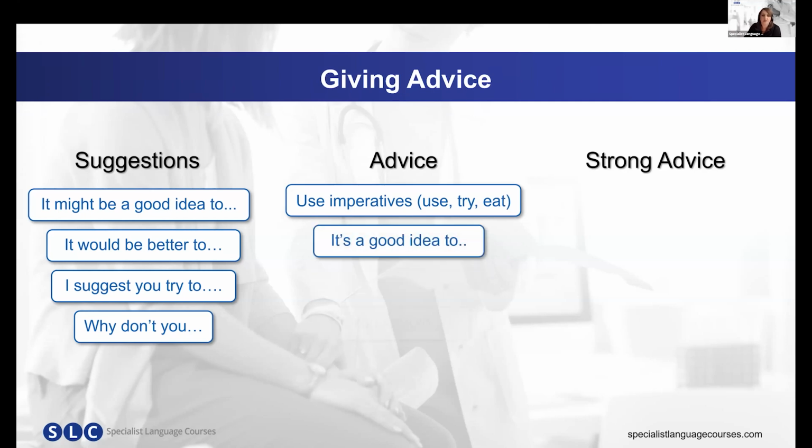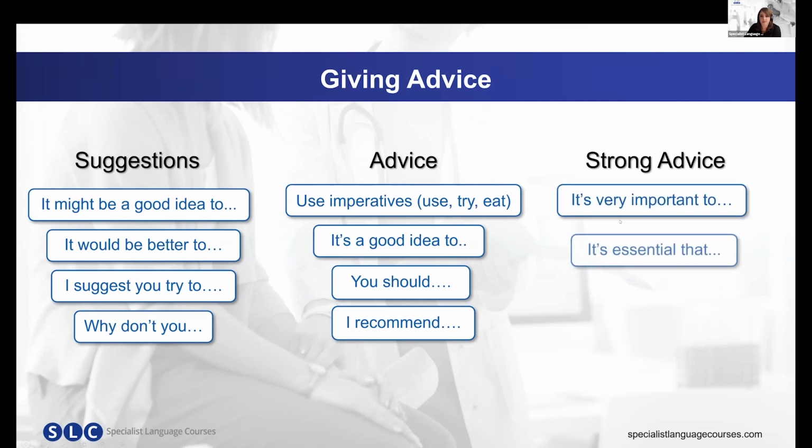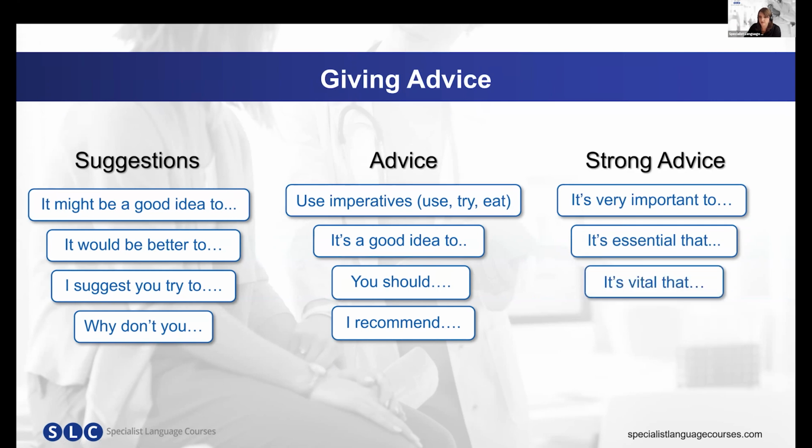It's a good idea to, you should, and I recommend are also phrases you can use for advice. Then for strong advice, perhaps if we're talking about a course of action that it's necessary for the patient to take, it's very important, it's essential, it's vital, and it's crucial that you. So make sure that you're aware of these different phrases and the different levels of advice.